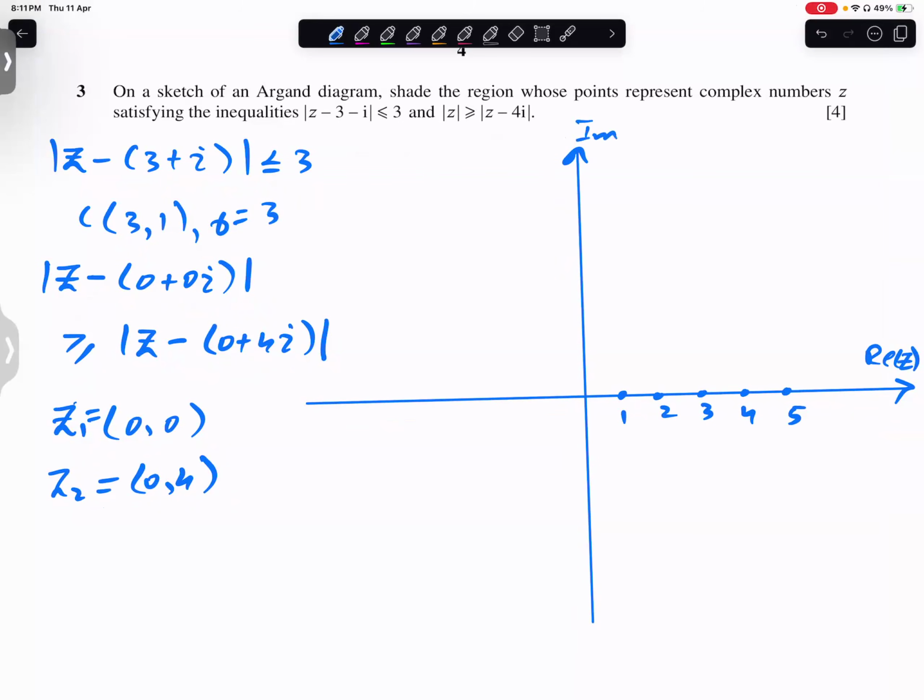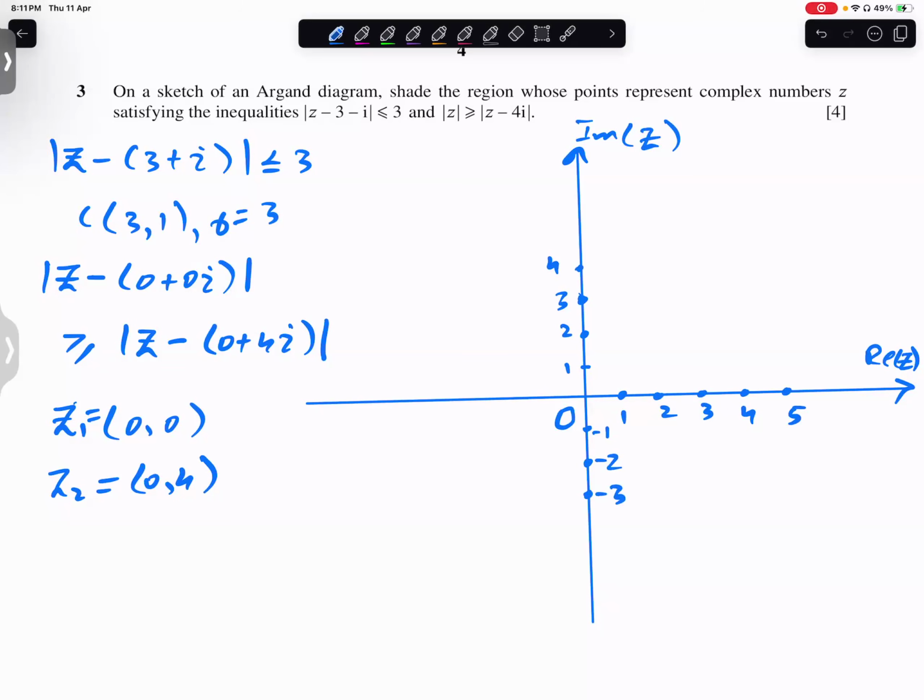This is imaginary part of z. This is your origin. And then 1, 2, 3, 4, and so on. Similarly, minus 1, minus 2, minus 3.